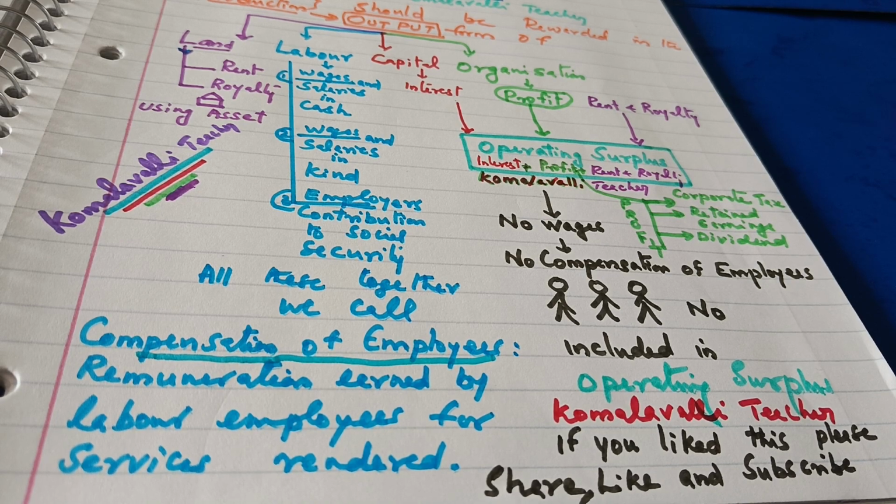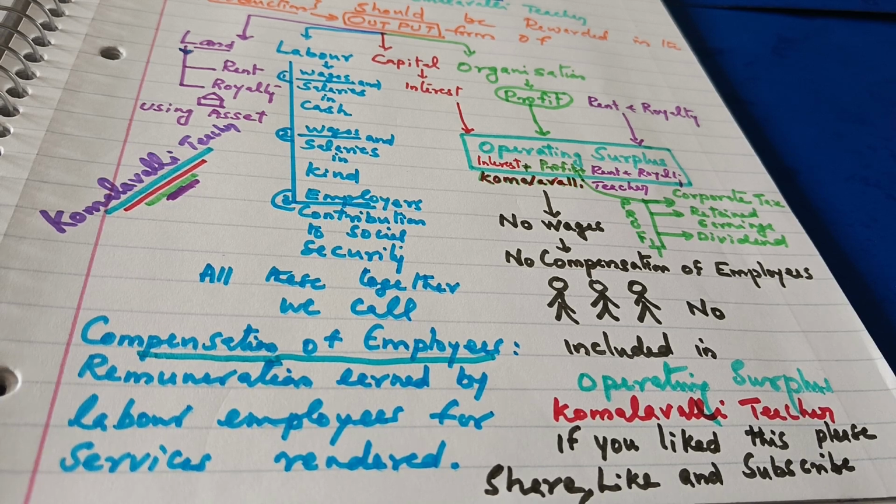And if an entrepreneur is using his own land or his own labor, doing his own work, that is self-employment. Using his own capital, land or buildings means self-owned resources.